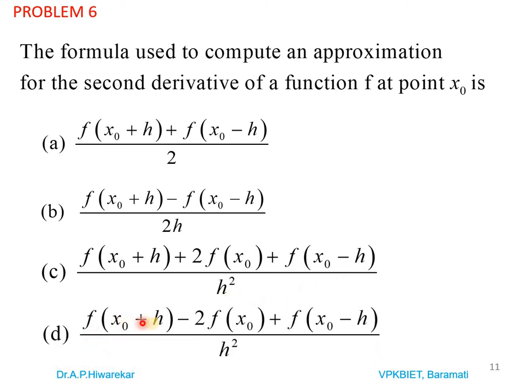And the last option is f of x0 plus h minus 2 times f of x0 plus f of x0 minus h divided by h square. So we have to check which option is correct.